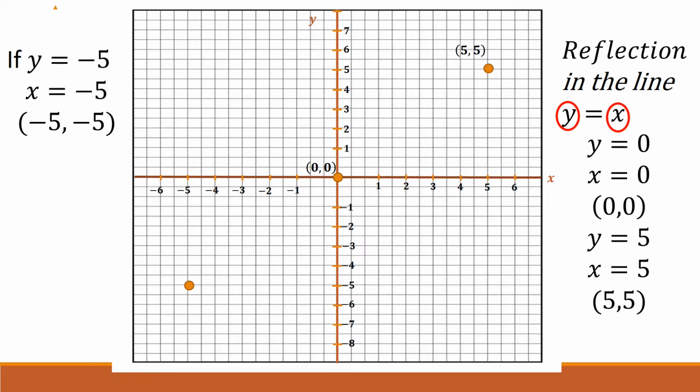On the graph, it is negative 5 on the x-axis and negative 5 on the y-axis. Now we can join this set of points together with a line. This line is what we are calling the mirror line. So anytime we have reflection in the line y equals x, this is how it looks.